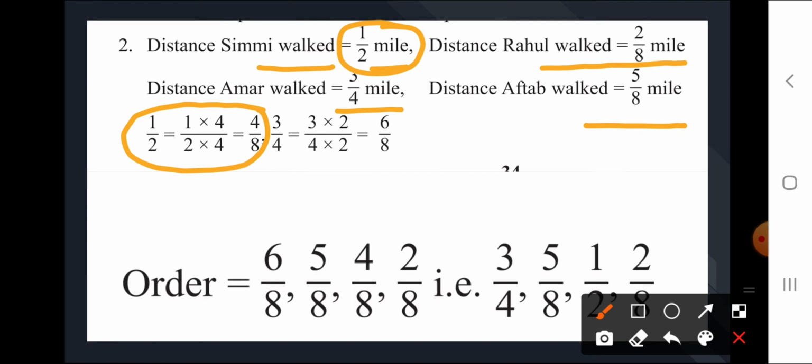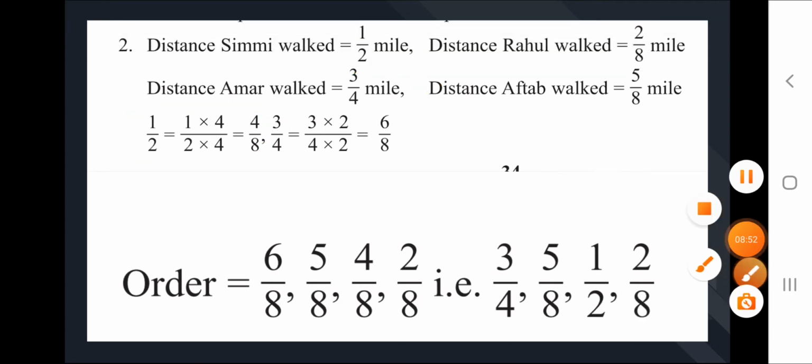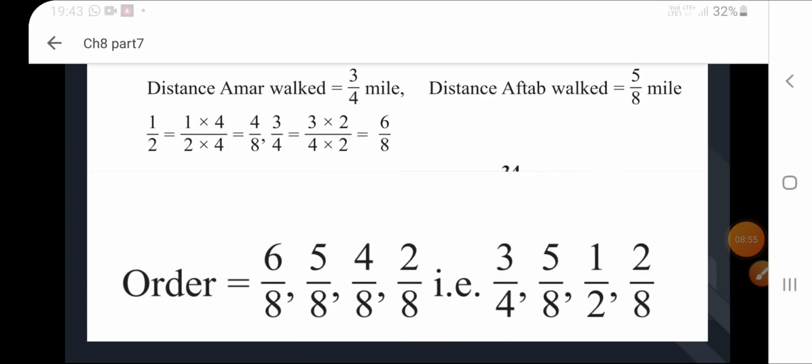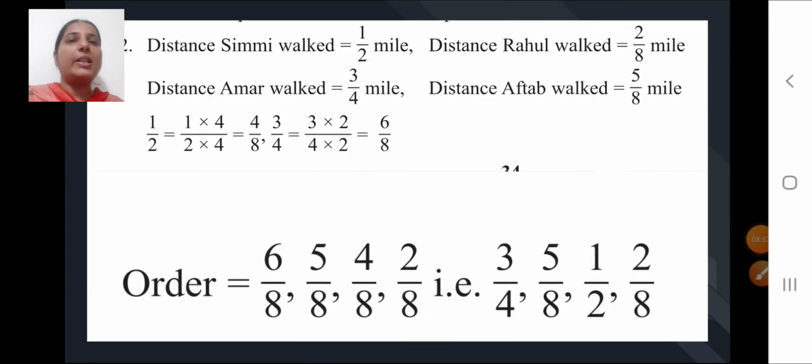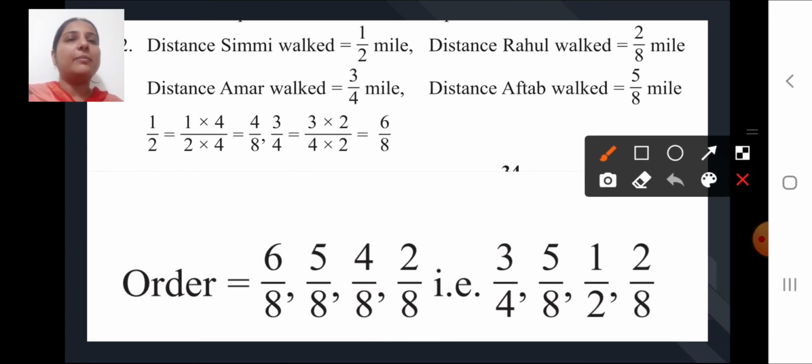Then we will also convert this distance 3/4 mile to a like fraction. How will we convert? We will convert this also by multiplying both the numerator and denominator by 2.